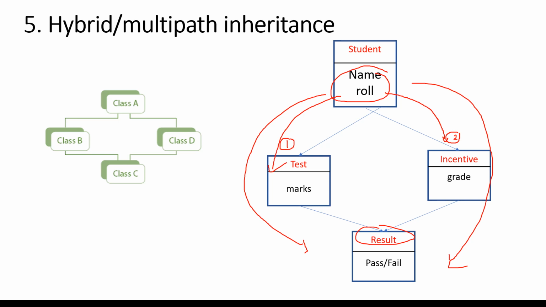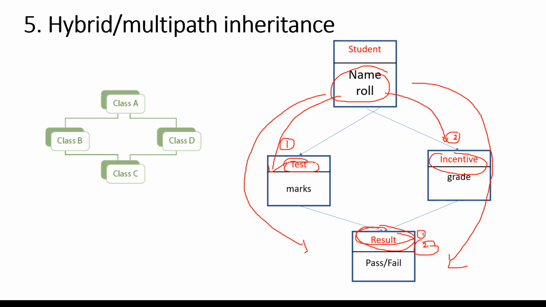And now in the third level, you are deriving the class result from test as well as incentive. So both these copies are getting copied into this result class, and it creates an ambiguity for the compiler as to from which path this information has come.